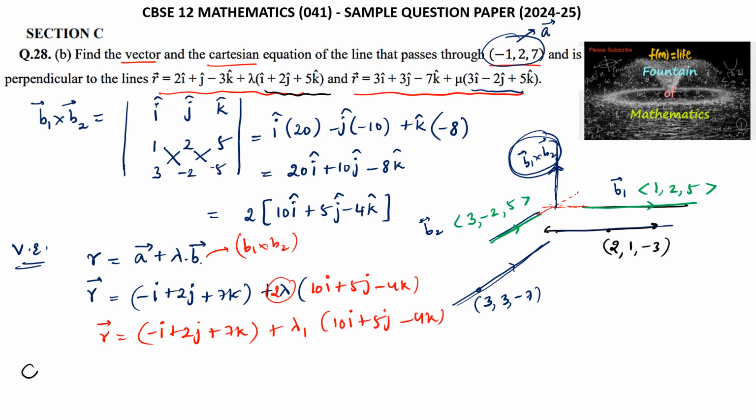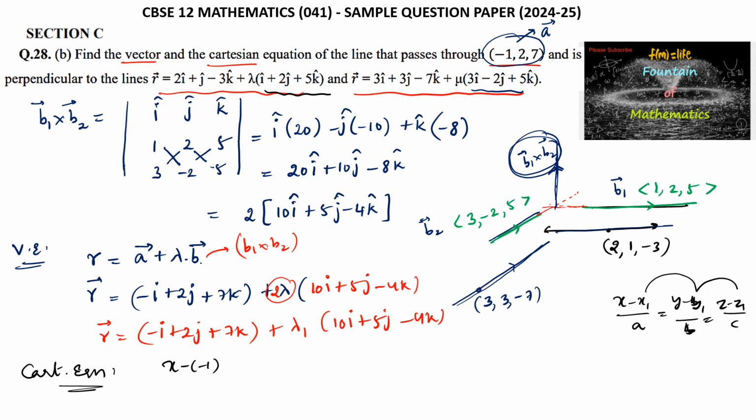And then the Cartesian equation, we can write, since passing through the point, (x − x1) upon the direction ratio a, (y − y1) upon b is equal to (z − z1) upon c is the equation of the line passing through the point (x1, y1, z1). So here (x1, y1, z1) is (−1, 2, 7), and the direction ratios will be considered to be the b vector, that is b1 cross b2.